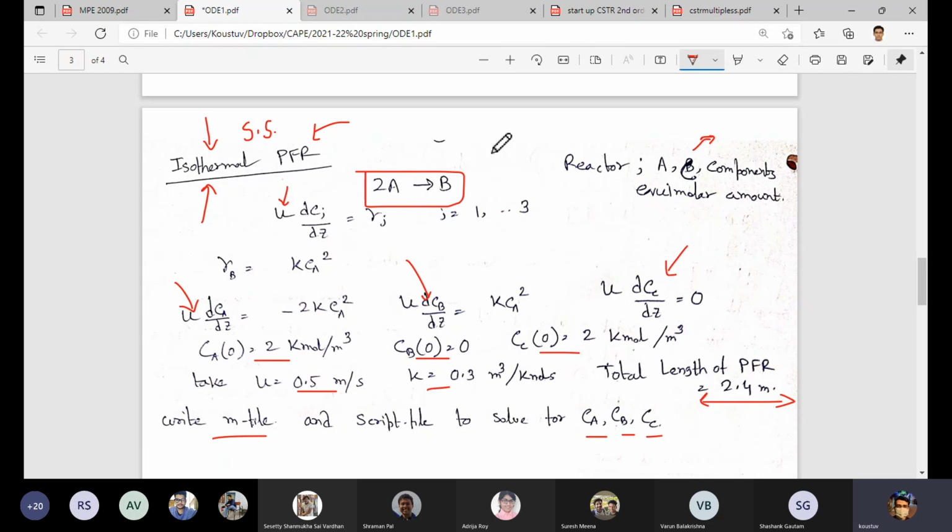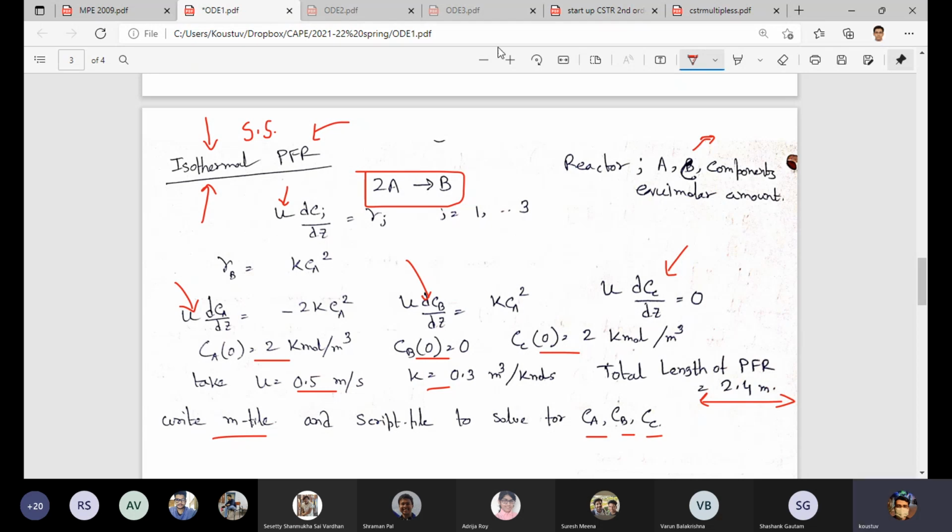If we introduce that term, then you have to incorporate that, and accordingly your conversions or other concentrations at the end of the PFR or at different lengths will vary. Here we have not considered that, but that can also be considered. You should be able to do that by changing the lines and equations a little bit, because the volume variations have to be considered.